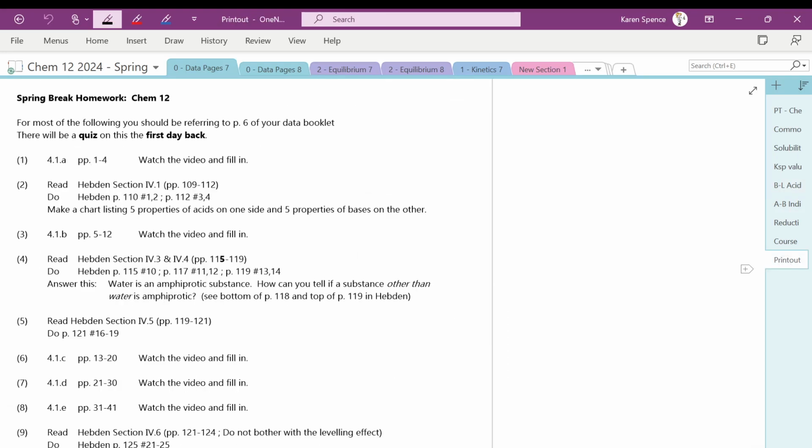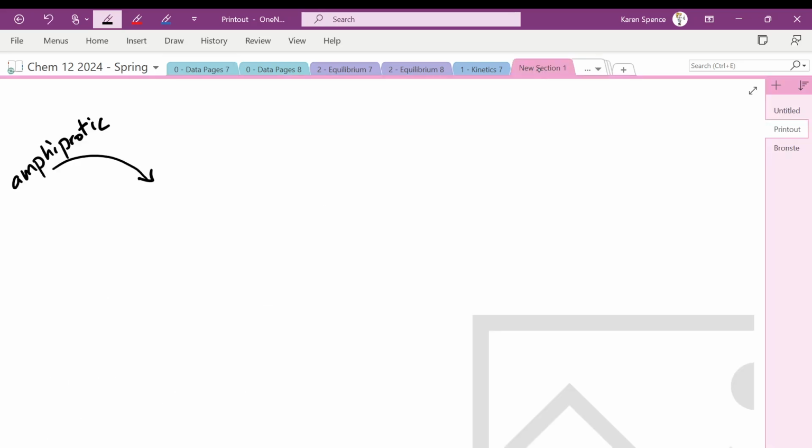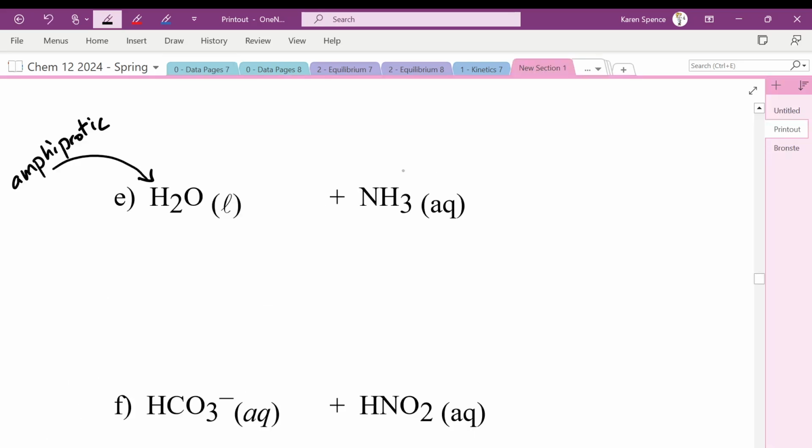Let's go back here. That's not what I wanted. That's what I wanted. Yes. Okay. So this is going to be our base. This is going to be our acid, which means that a hydrogen is going to move from the acid to the base.